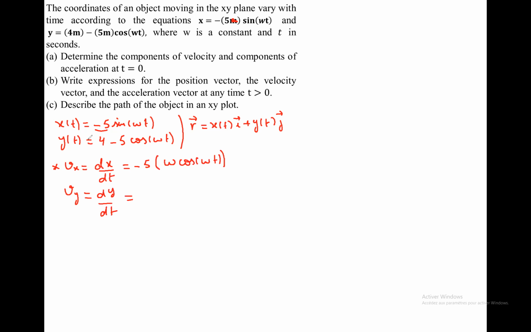This one is constant, so the derivative of 4 over dt equal to 0.